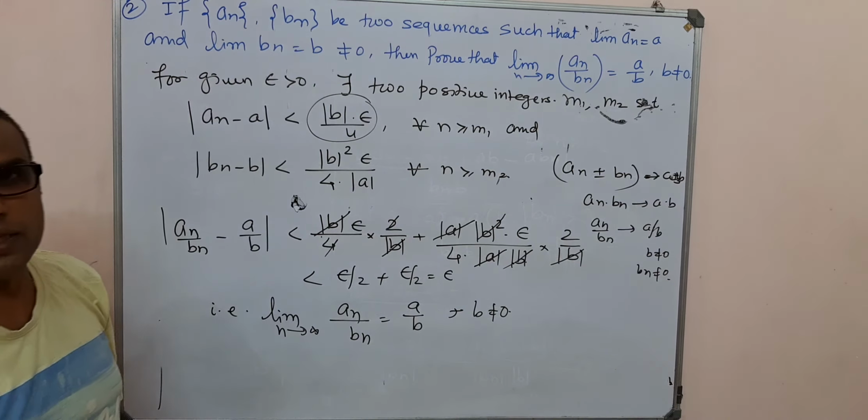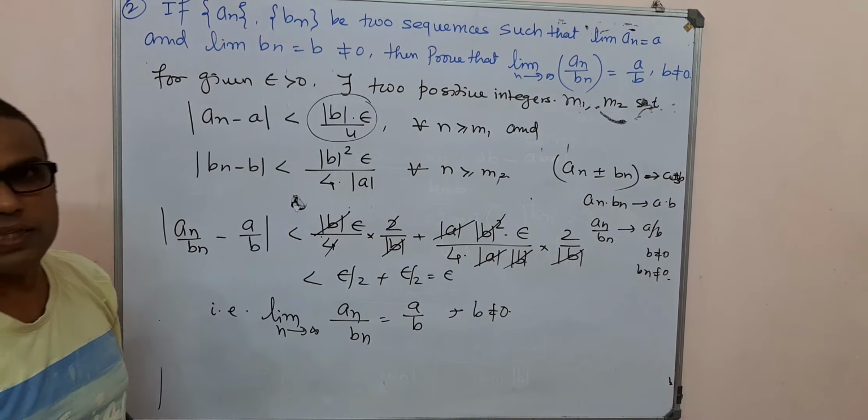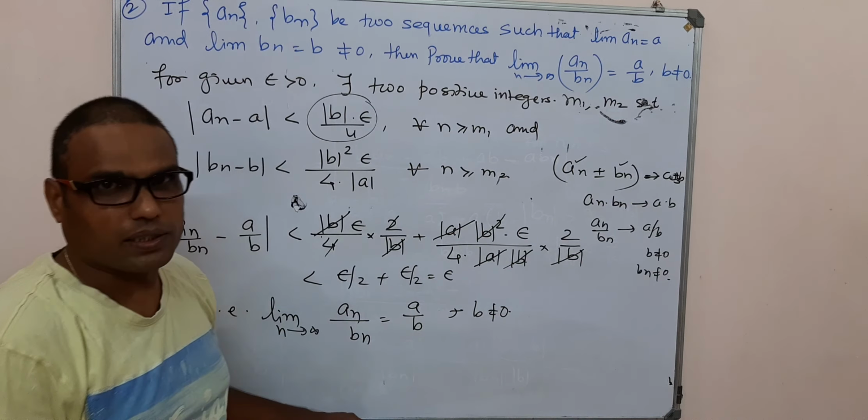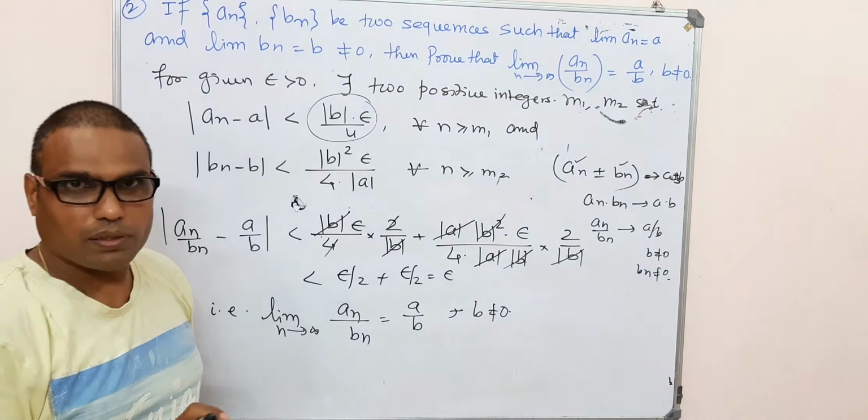But here we observe that the converse of this fact is not generally true. It means that an and bn individually are not convergent, but their sum, difference, product and quotient can be convergent.